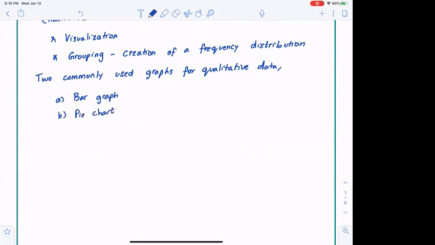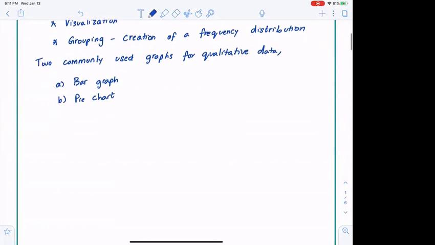So a pie chart is easier to understand. Most of you know what a pie chart is, and many of you probably also know what a bar graph is. But I want to explain bar graph before we can move forward, because bar graph is related to what we call a histogram that we will encounter in organizing quantitative data.